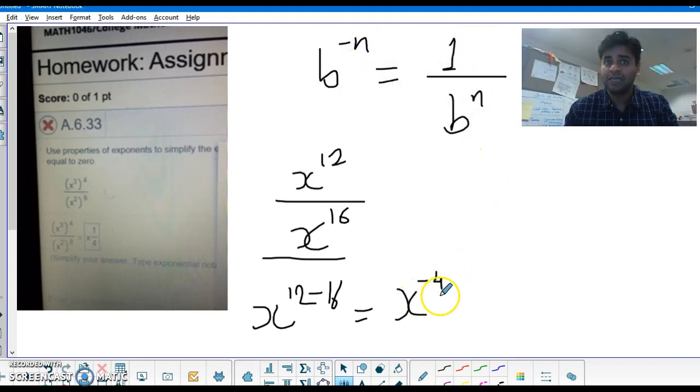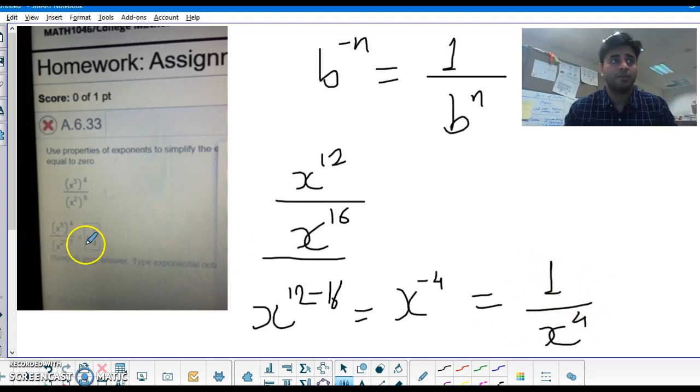Does it make sense? So in this case, it is equal to 1 upon x to the power positive 4, and that's my answer. I don't know if you came to the same answer but accidentally entered it incorrectly, but that's where you are going wrong. So how would you do it?